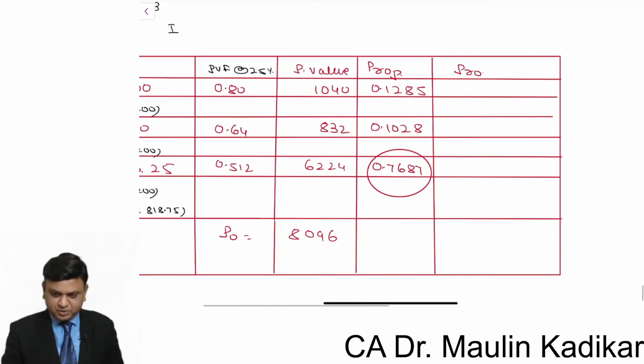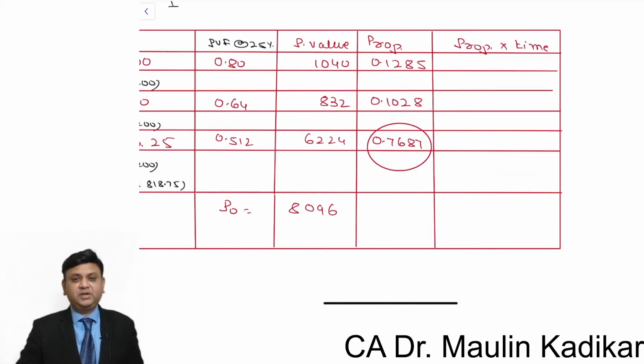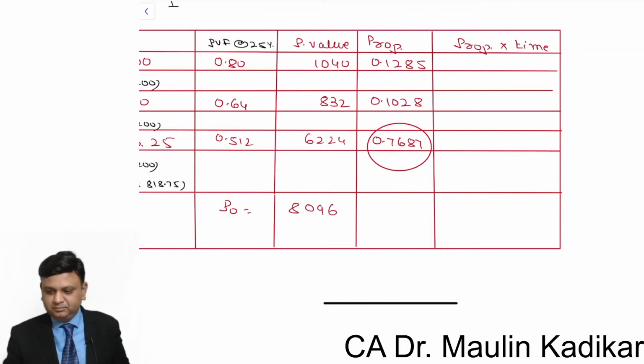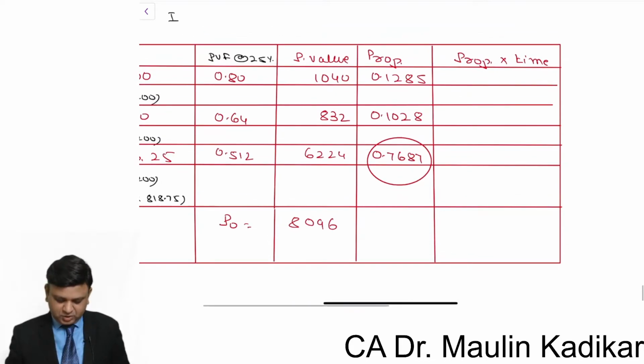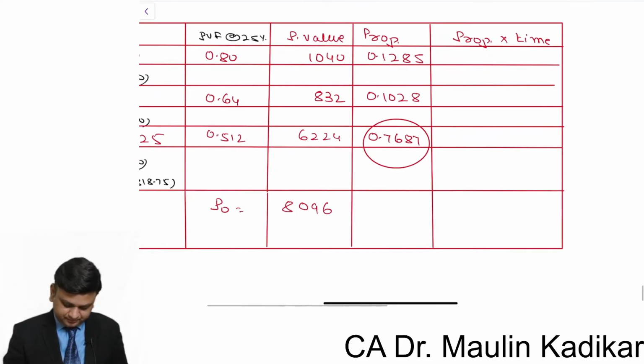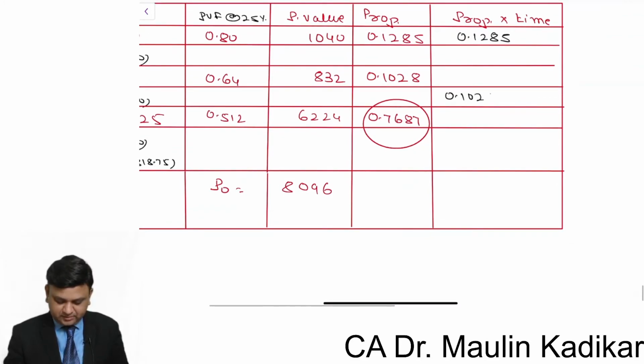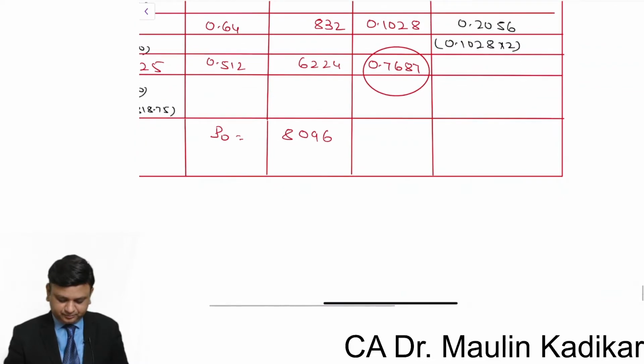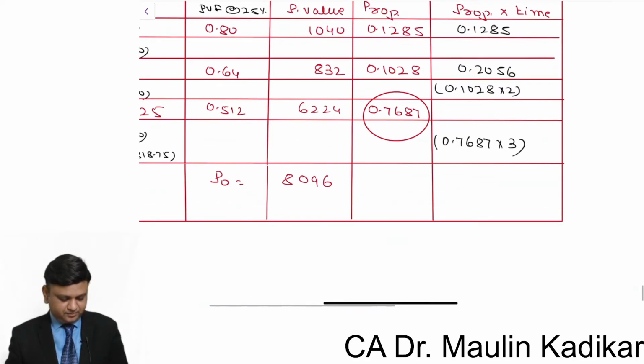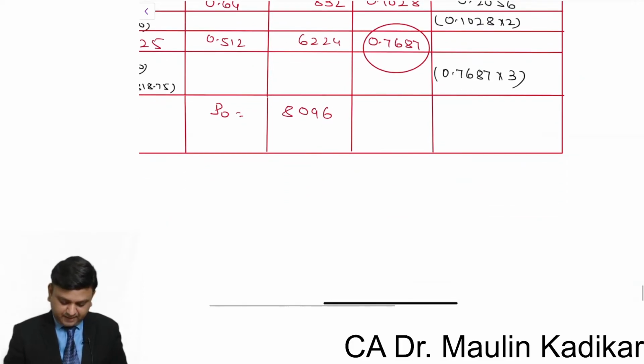So now again the proportion into time period. That is the way we will compute the duration of the portfolio. So 0.1285. Next is 0.1028 into 2, that comes to 0.2056. 0.7687 into 3, so 2.3061.